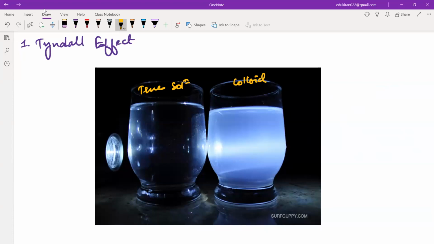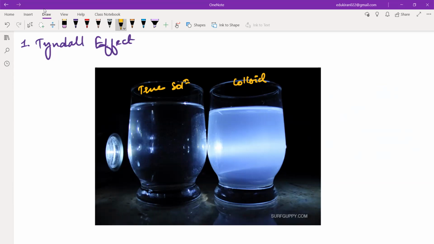What is happening in the true solution and what is happening in the colloid? Tell me. In the true solution the light is not scattered, and in the colloidal solution the light is scattered.